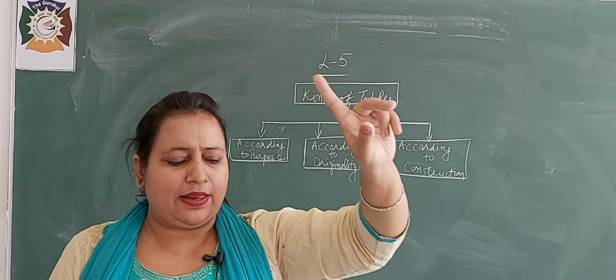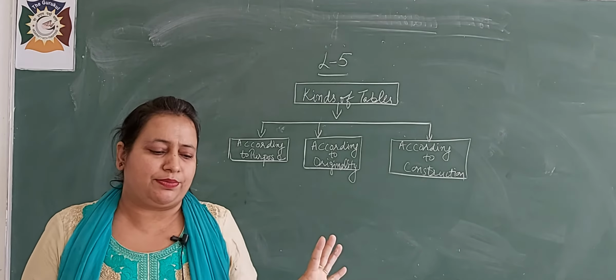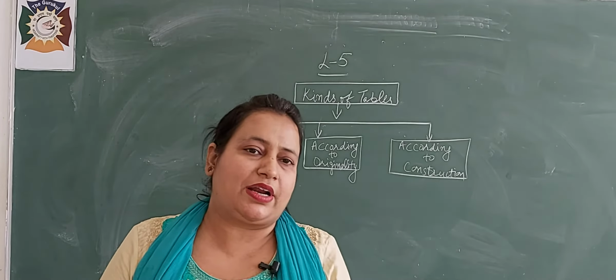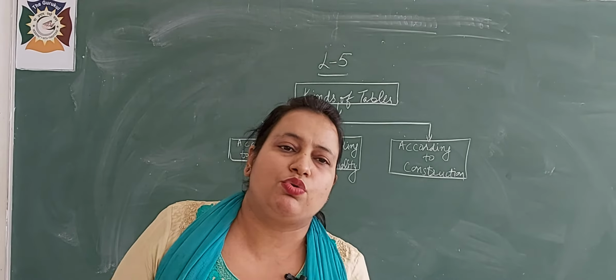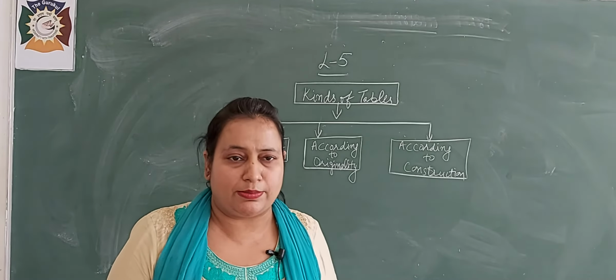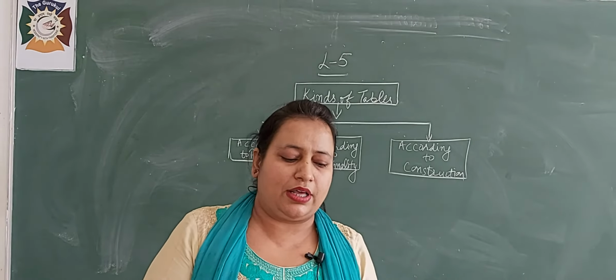According to originality there are two tables. The original table is one from which your data are collected in the same way. The second is the derived table. Derive means you have to derive from them: you first find the percentages from these tables and then write them over there. This is known as a derived table.